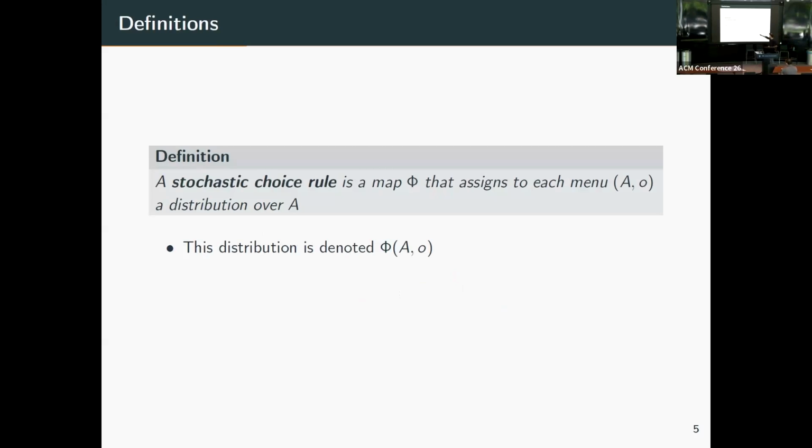So we will denote this distribution by phi AO. And by phi AO of A, we will denote the weight assigned to the action A. And we interpret this as the predicted probability that our agent will take action A if she faces this menu AO.